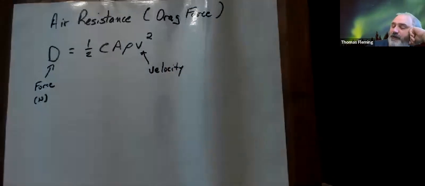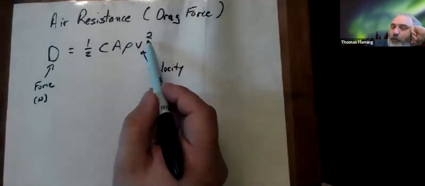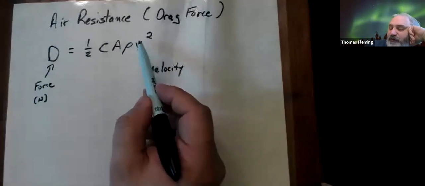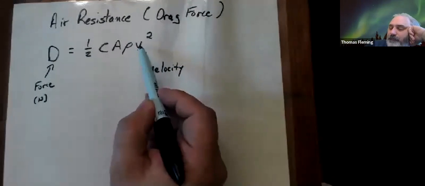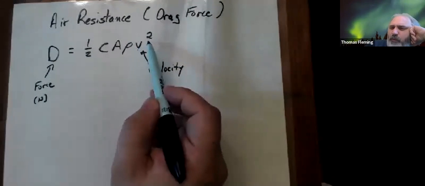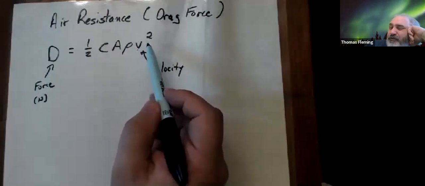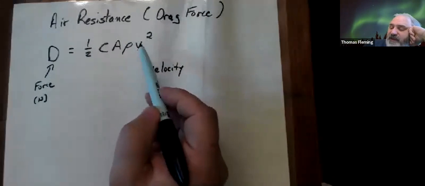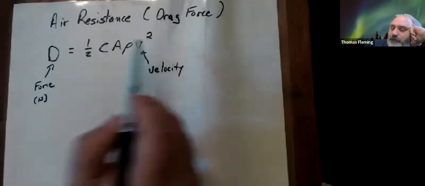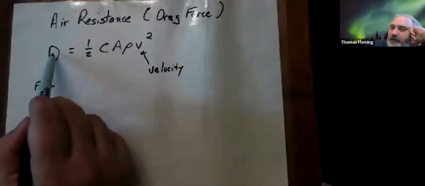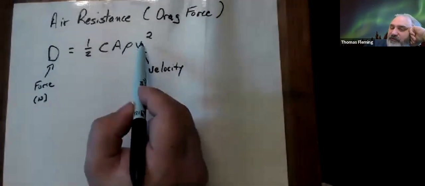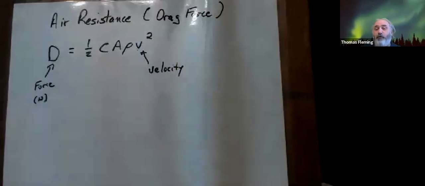Now notice, because this goes as V squared, what that means is that if V is very, very tiny, if V is small, well, V squared is also small. Like 0.5 squared is 0.25. It's even smaller, right? But as V gets larger and larger, the force is going to get bigger and bigger. In fact, if you double how big your velocity is, your drag force is going to quadruple.